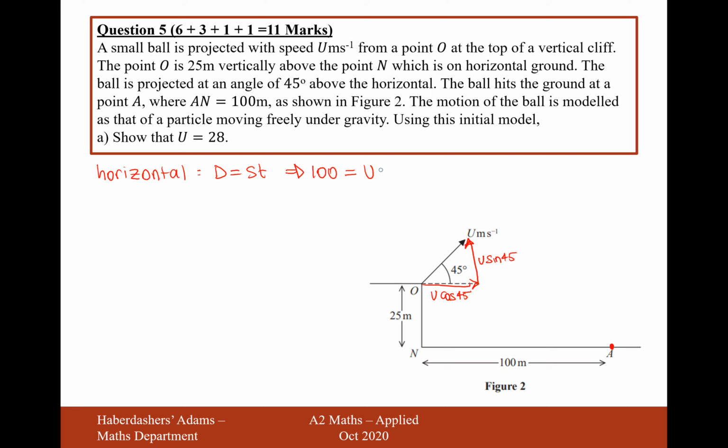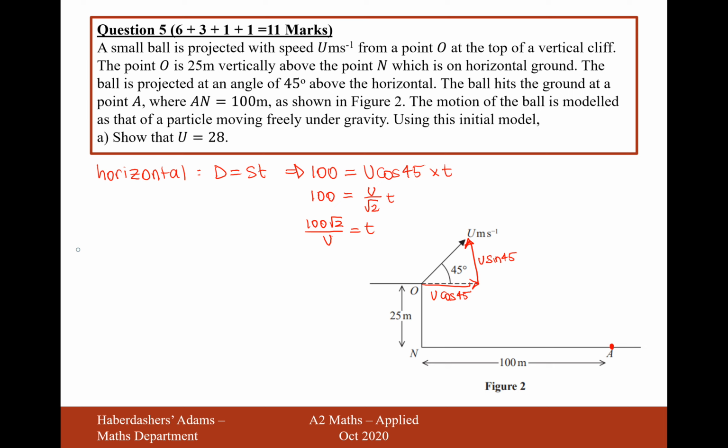So it's going to be u cos 45 times t. Okay, so let's just start to rearrange this. Cos 45 is 1 over root 2, so it's going to be u over root 2 times t. So then let's work out what t is equal to. It's going to be 100 root 2 over u equals t.